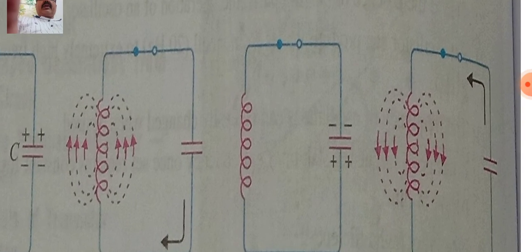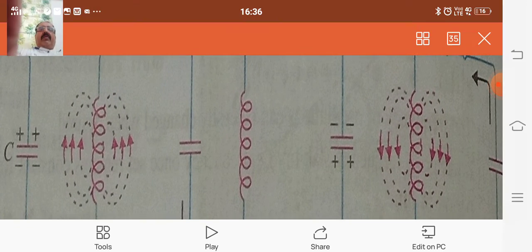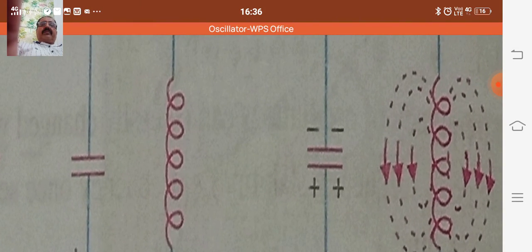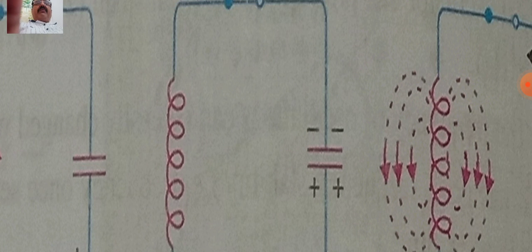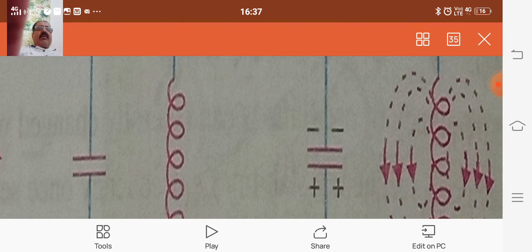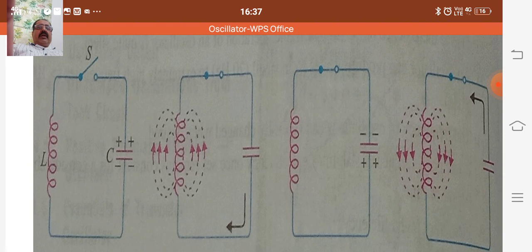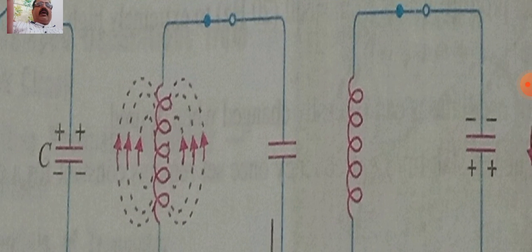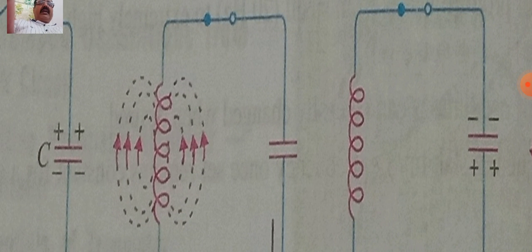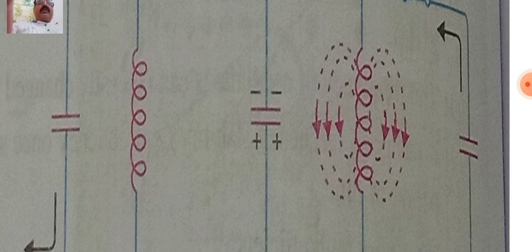So now let me consider the explanation of figure number 4. After the field collapses, the recharged capacitor begins to discharge, with current now flowing in the opposite direction. So we have to consider the direction in figure 1 and the direction in figure 2. The direction in figure 1 is upward, but in figure 2 it is the opposite direction.